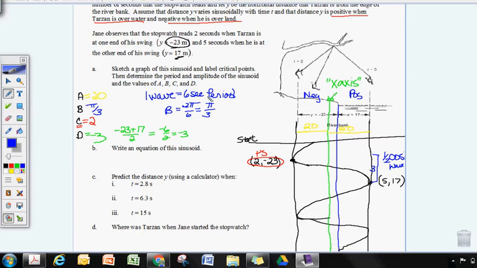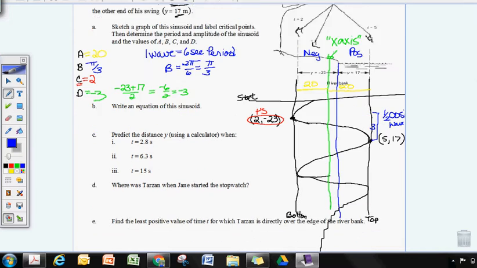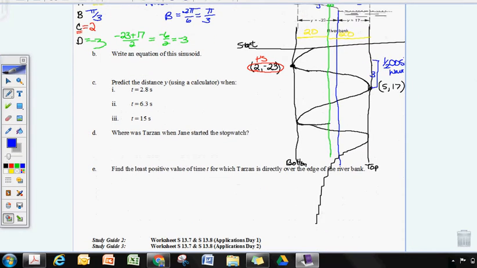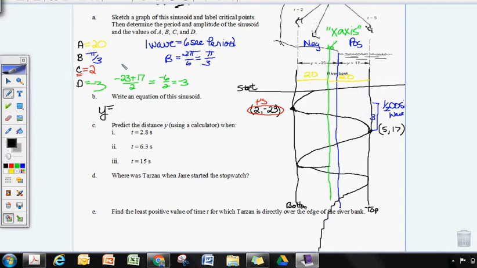Okay, so we've got all of our stuff done. So part B says write an equation. So my equation is going to be y equals, and we've been talking about it being a cosine wave. Oops, something that I did not mark down, but you guys see that this is flipped, that it starts in the negative land.